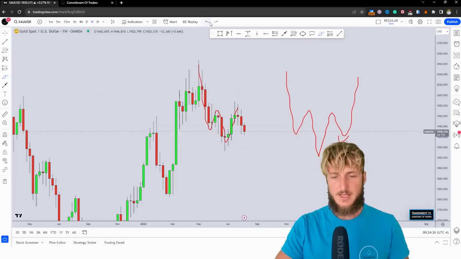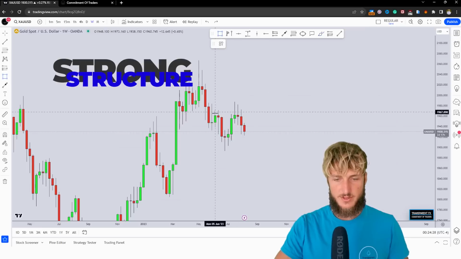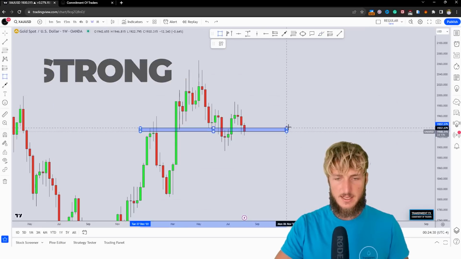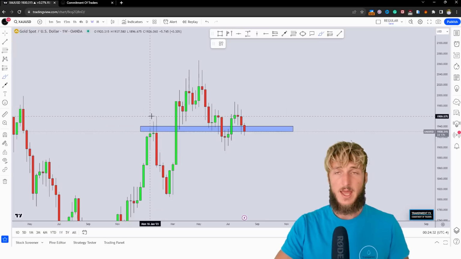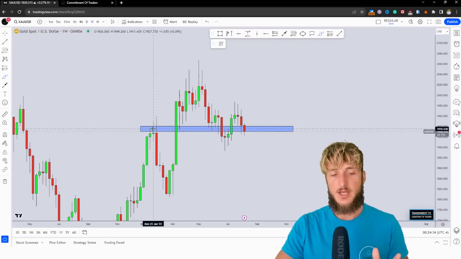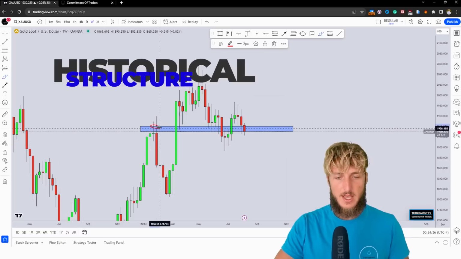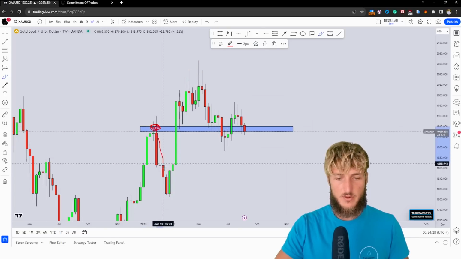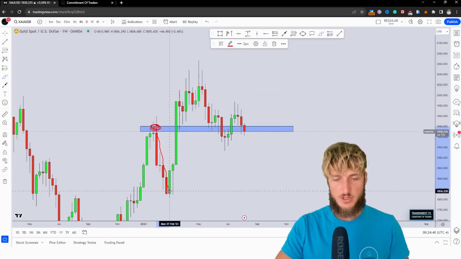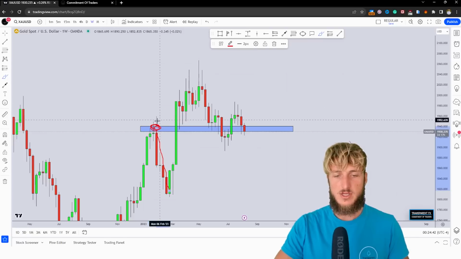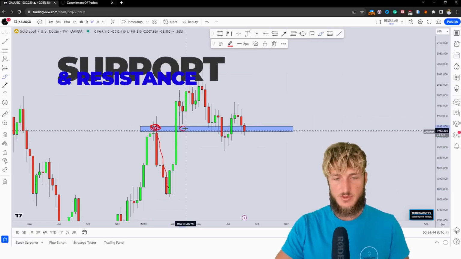We can also notice that if we look at the structure of this market, we can see how exactly here is where we have the support and resistance, so essentially the historical structure. In fact, if we look left, we can see how from here all this move to the downside was created, then the market broke above that zone, and this previous resistance became support here.